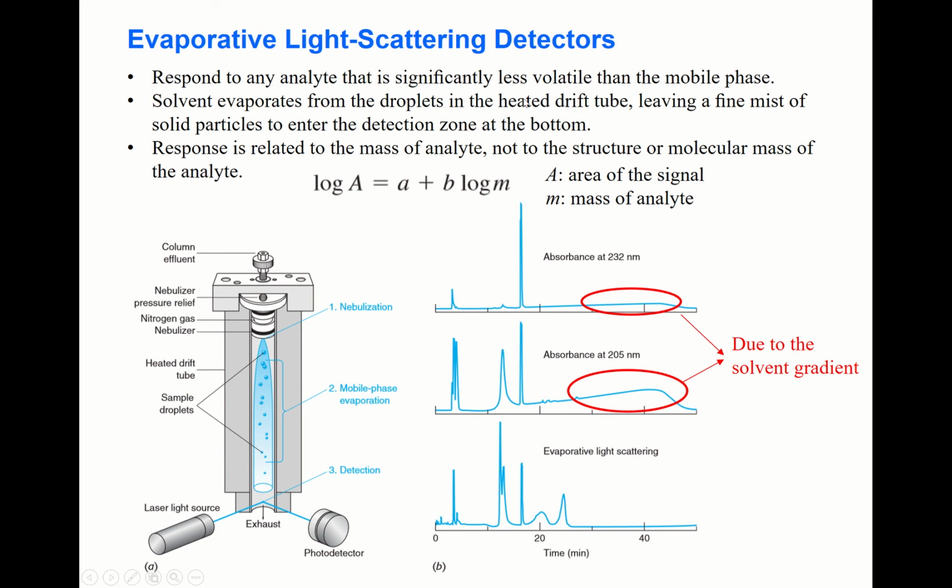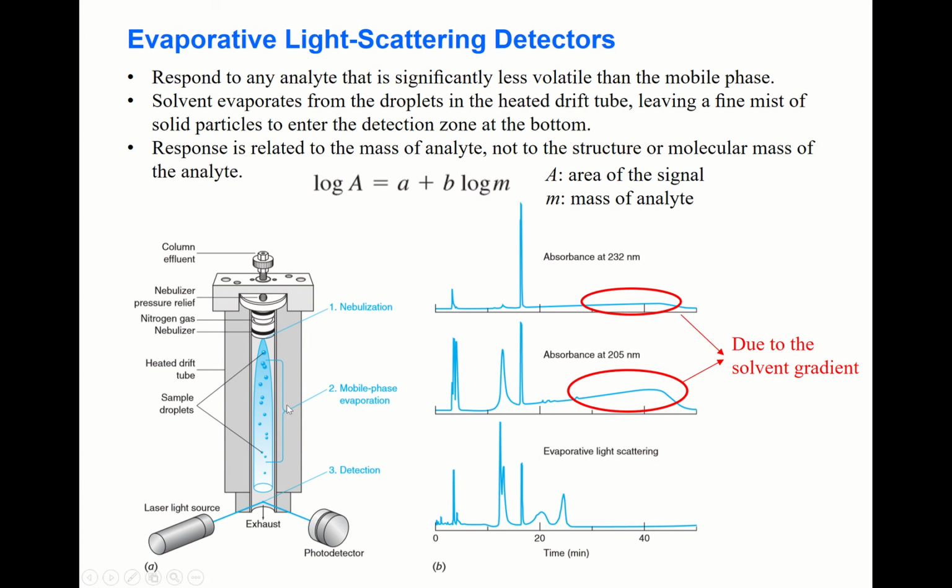If your analyte is not very volatile, then it exists maybe as a particle here, small droplets, and these small particles scatter the light. Then you measure the scattered intensity.